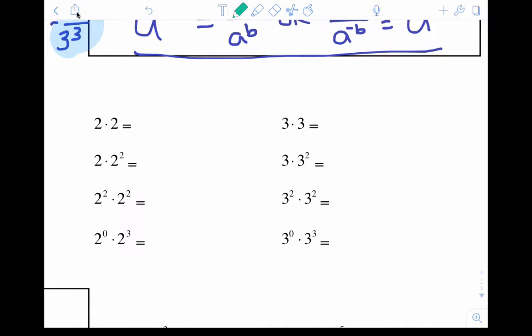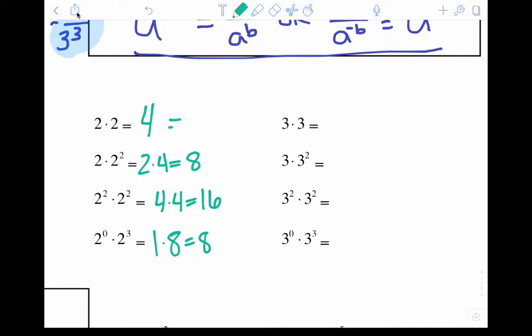So I have 2 times 2, which I know is 4. 2 times 2 squared, well, that's the same as 2 times 4, which is 8. 2 squared times 2 squared is 4 times 4, which is 16. And then 2 to the 0 power times 2 to the third. Well, I know 2 to the 0 is 1, and 2 to the third is 8, so this equals 8.